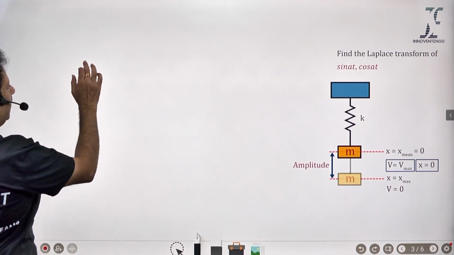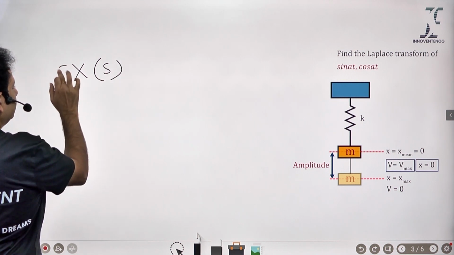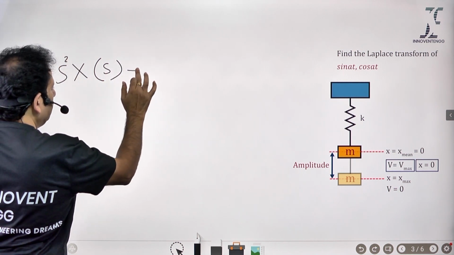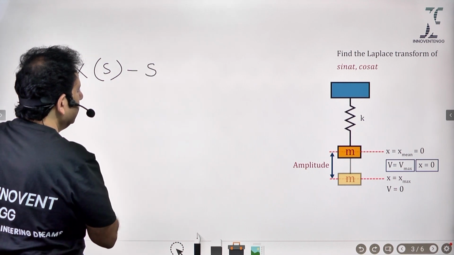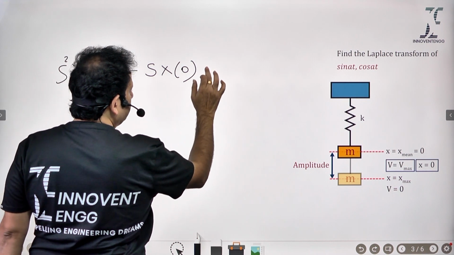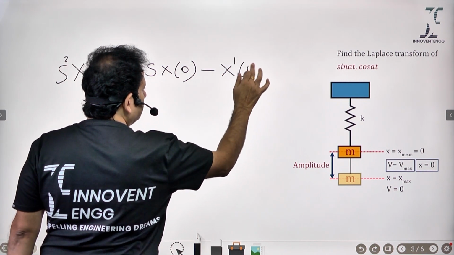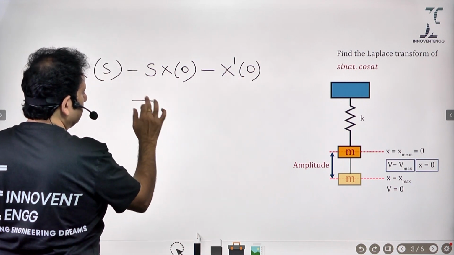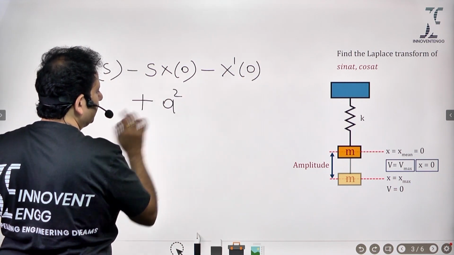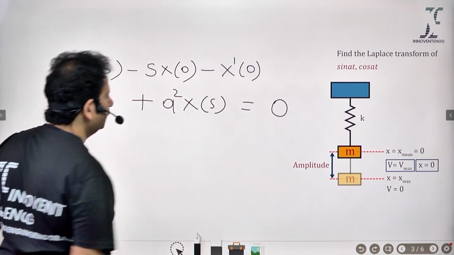So if I write the Laplace transform of the differential equation, now that you are familiar with it: s square X of s, minus s into X of 0, that is the initial amplitude, minus X dash of 0, plus a square into X of s, and that is equal to 0.